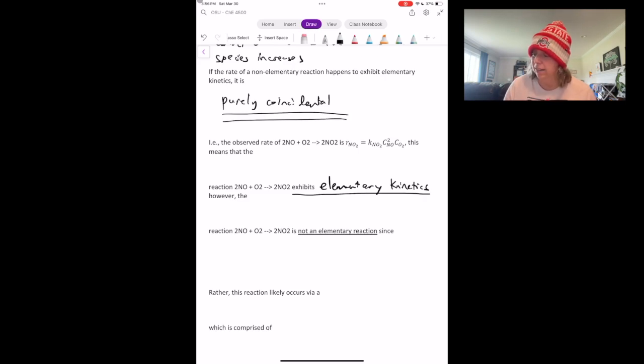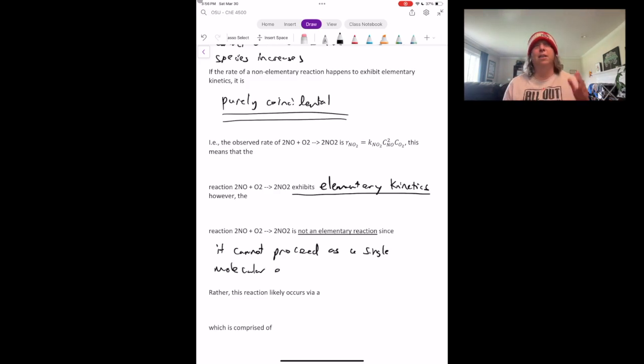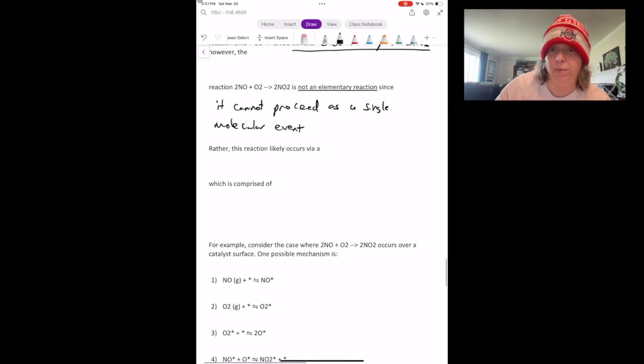However, it is not an elementary reaction since it cannot proceed as a single molecular event. In other words, the fact that it exhibits elementary kinetics is purely coincidental. The way this reaction proceeds is likely via a reaction mechanism. And the reaction mechanism is then going to be comprised of multiple elementary steps.